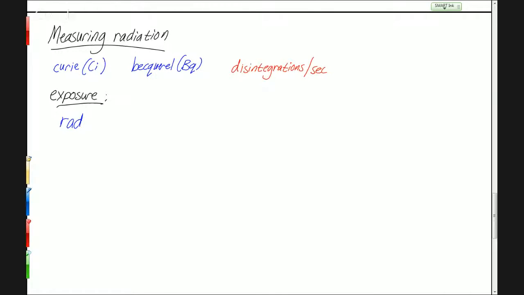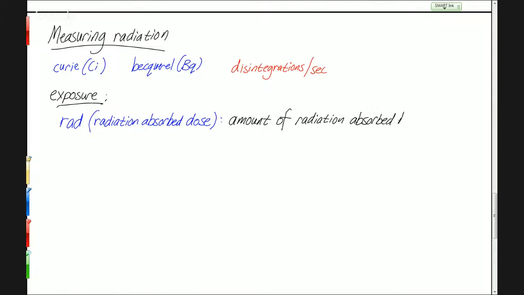Rad stands for radiation absorbed dose. And the definition of that is, let's say, the amount of radiation absorbed by 1 gram of stuff, whatever.